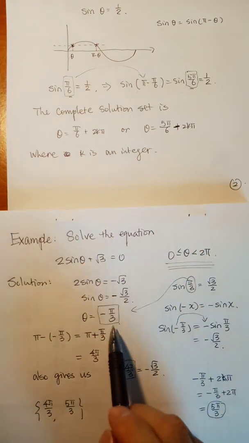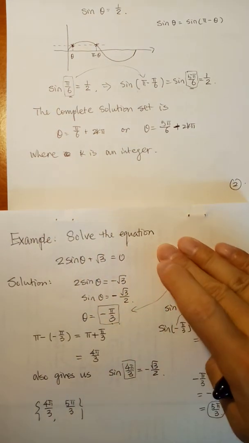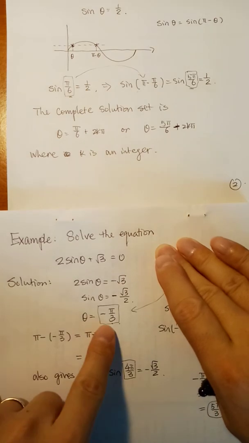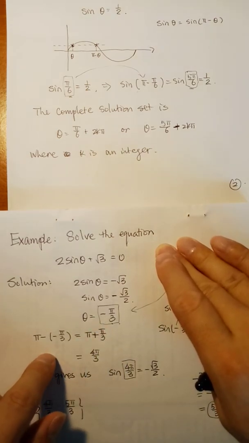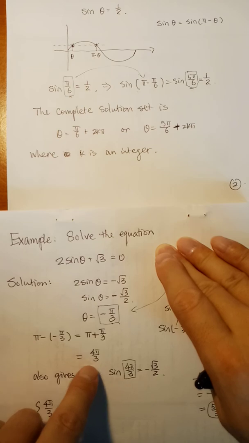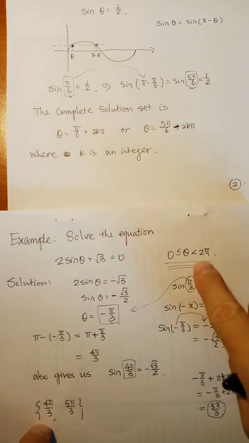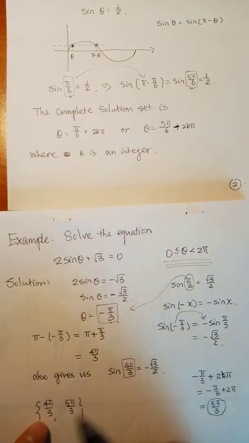Okay, so we first get a solution without this requirement. Once you get one angle, you use pi to subtract that angle, and you get the other one. So the first one comes from the equation, and with the property you get the second one. The second one is already in the given interval, so it's fine. You just copy it here.